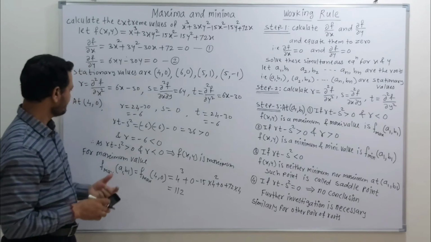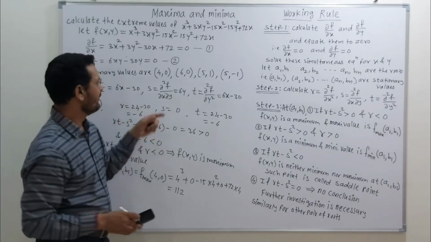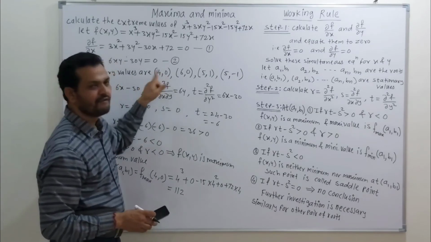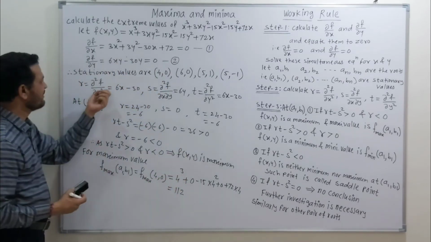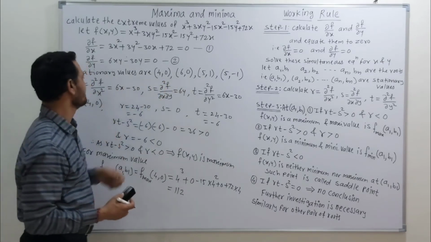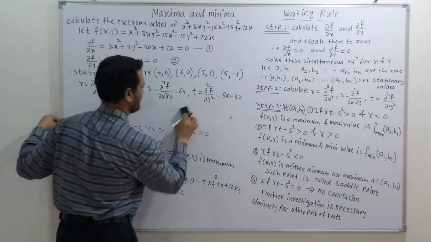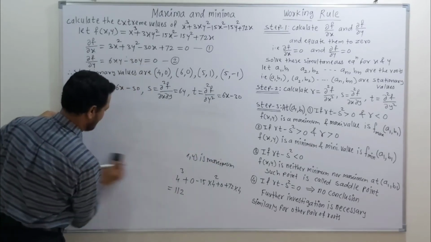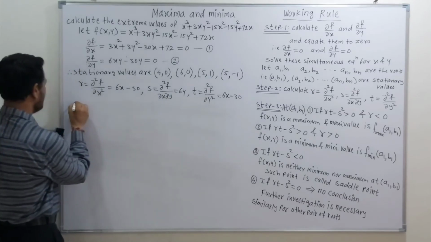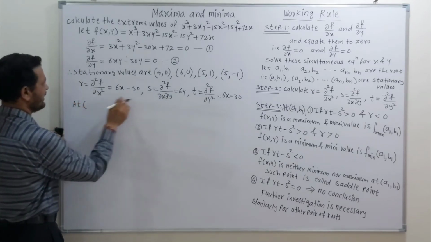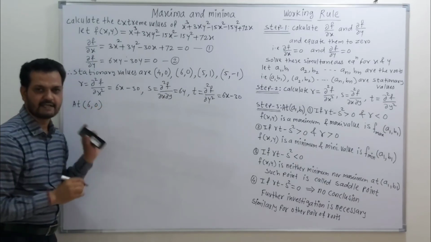So here, friends, we found the maxima and minima for the first stationary value. Now let's calculate the maxima and minima for the second stationary value. Here the second stationary value is at 6, 0.